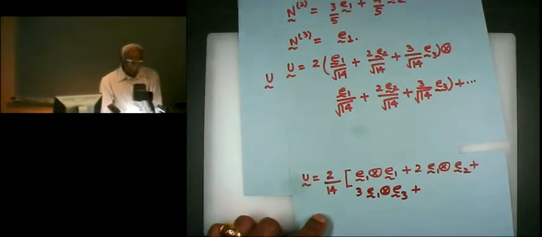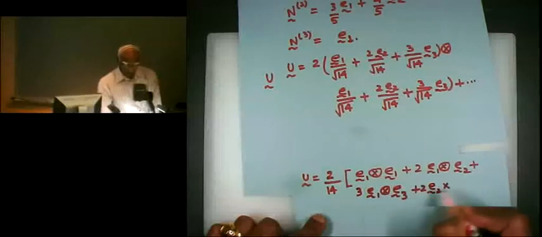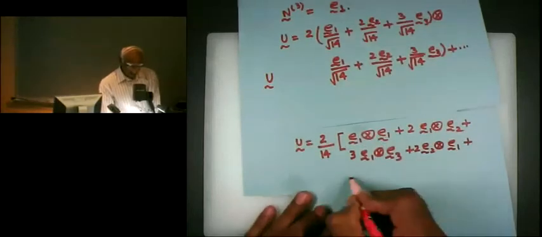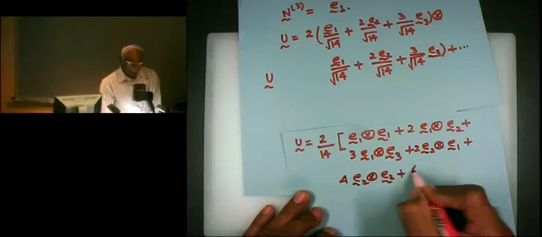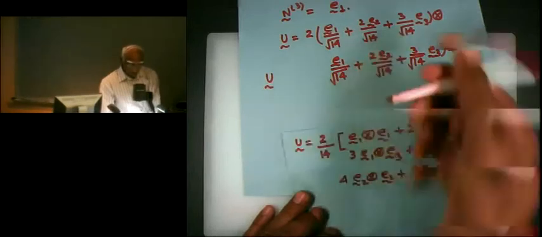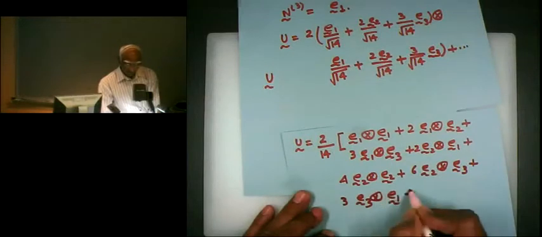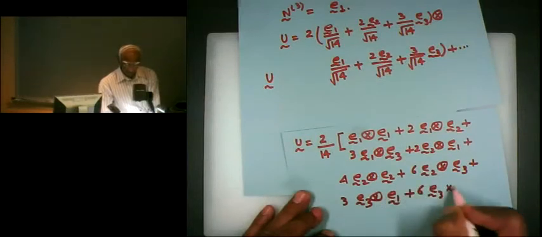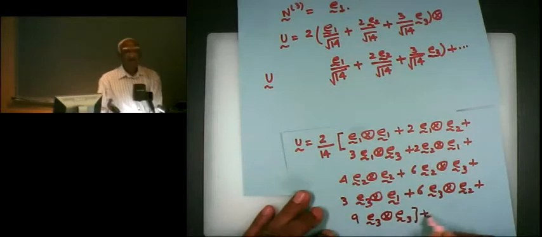Then do the same thing with E2: twice E2 tensor product E1 plus 4 times E2 tensor product E2 plus 6 times E2 tensor product E3 plus 3 times E3 tensor product E1 plus 6 E3 E2 plus 9 E3 E3, and we will have more entries.